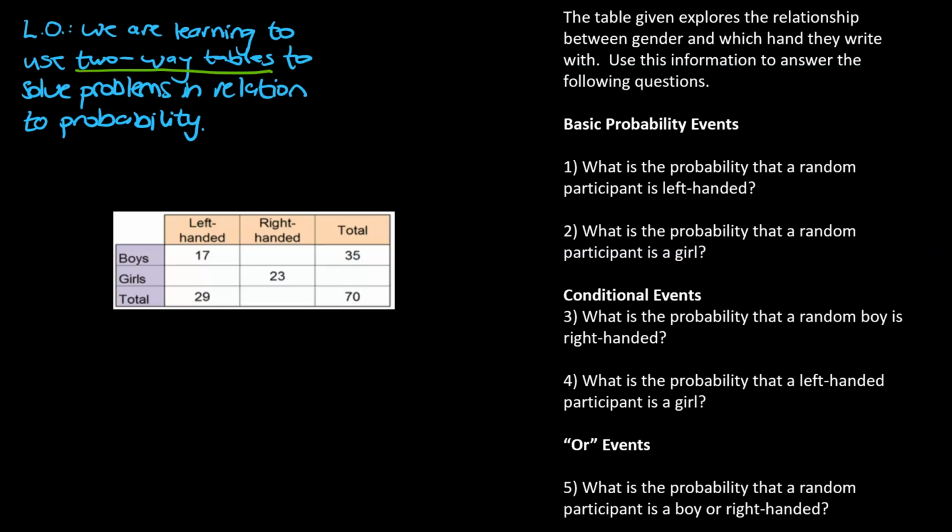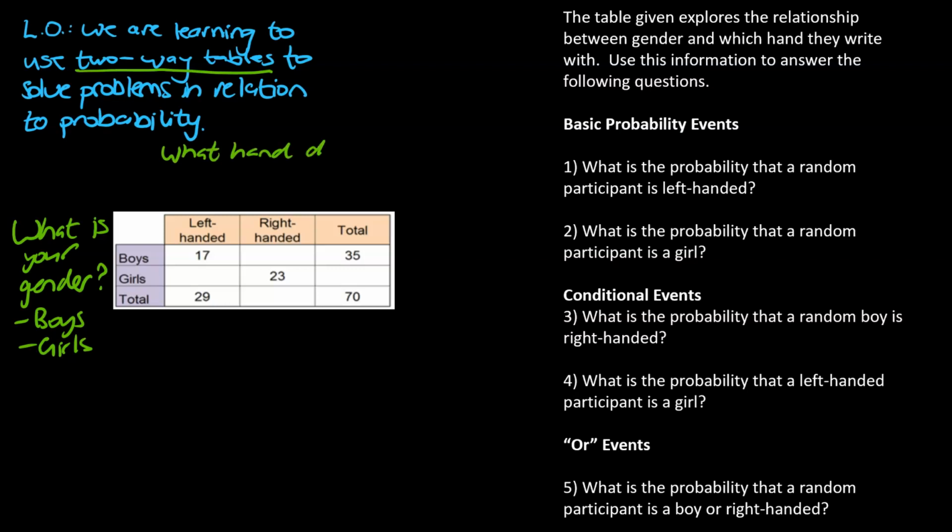What I reckon happened is this person would have asked the survey participants, what is your gender? And the respondents would have replied either boys or girls. They also would have followed up by saying, what hand do you write with?